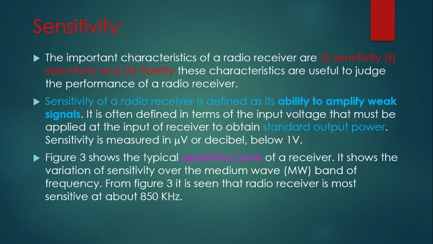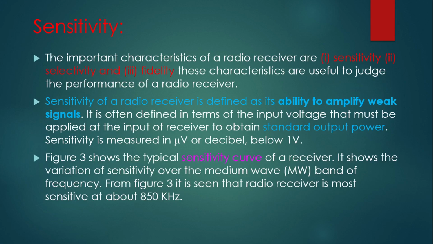Now let us look at the three important characteristics of a superheterodyne receiver, out of which the first one is sensitivity. So these three important characteristics of any radio receiver are, number one, sensitivity, number two, selectivity, and number three, fidelity.